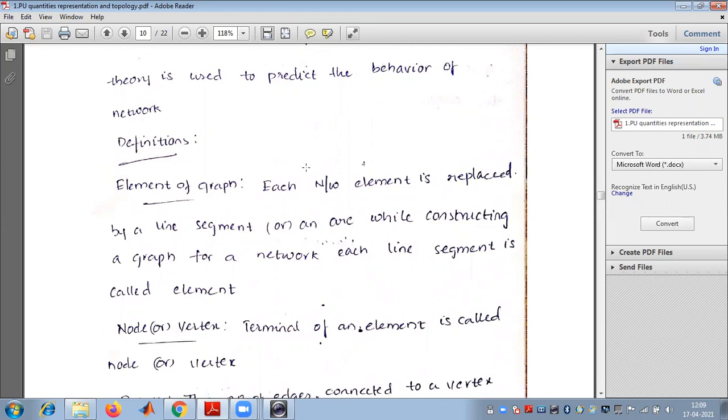Now what is a line segment? Suppose this is node 1, and this is node 2. If I make the connection between node 1 and node 2, here you will have a straight line. So this straight line is called an element of a graph.